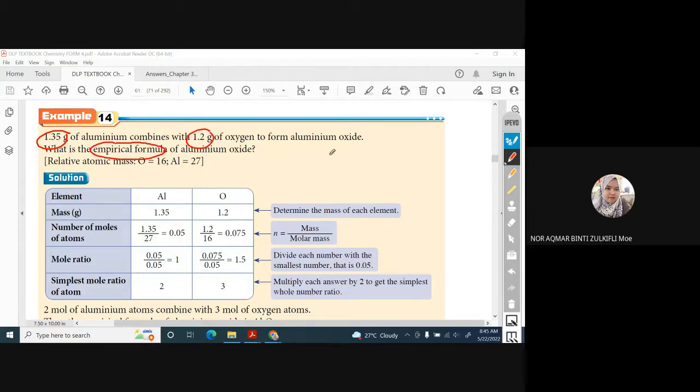So between the three, we learn about mass, volume, and Avogadro. Ini tak ada terlibat. Not involved. So we only involve mass. So terus tulis formula ni. That's why kena practice a lot. Mol of mass over molar mass.